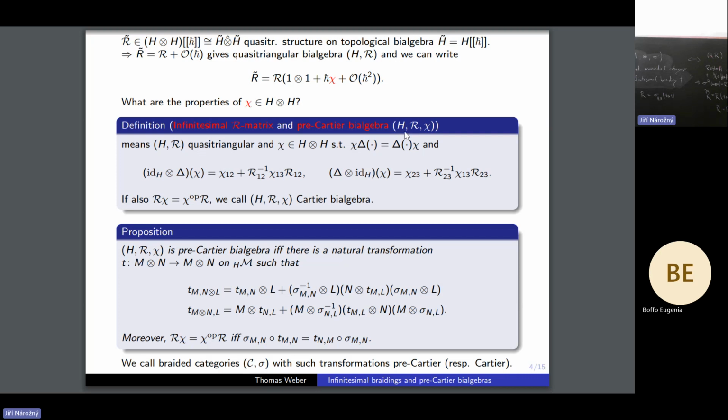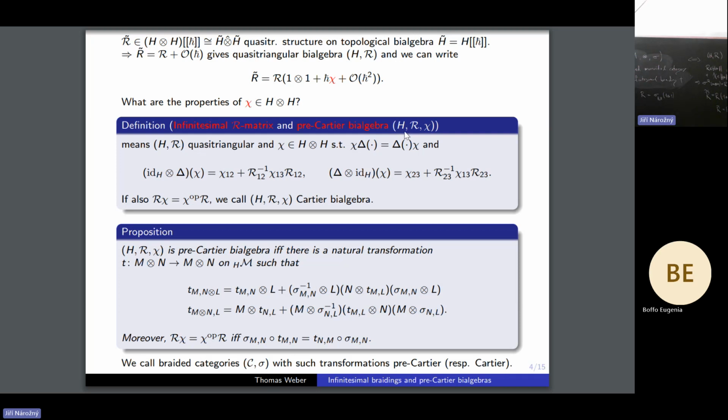And then you can either make this into a proposition or into a proposition by definition. It's just looking at what we are having on this side here on the level of modules. And then this chi corresponds to a natural transformation T, which satisfies those two axioms here, which just correspond to those.